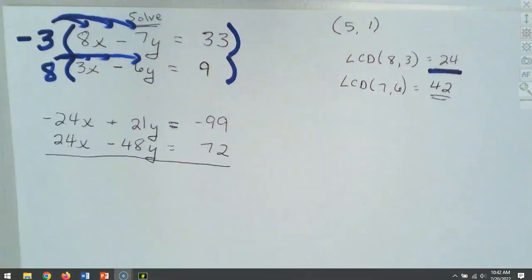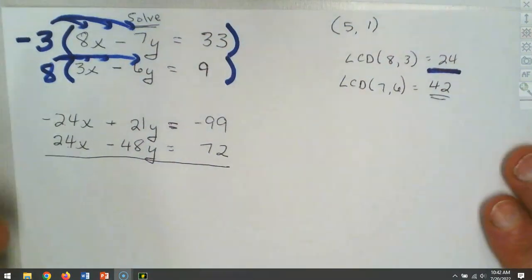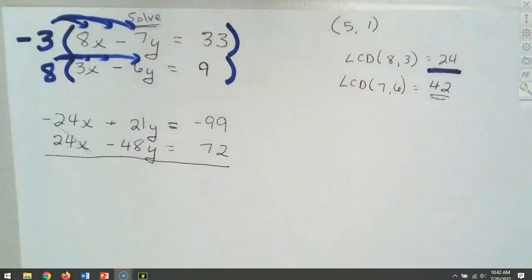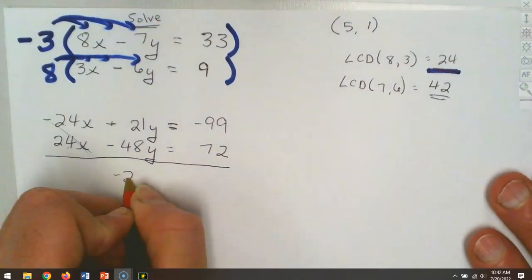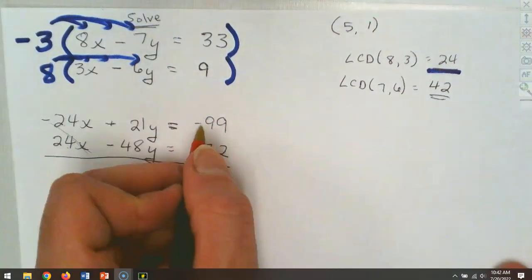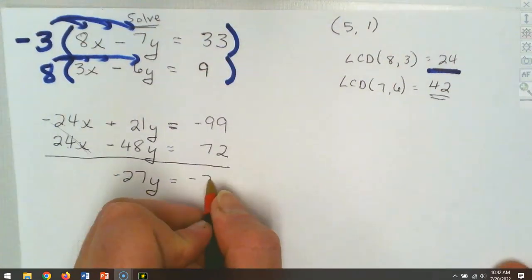Well, when I add these down, the x's go away, right? And so now I'm left with 21 minus 48, so that's a minus 27y. And I've got negative 99 plus 72, and that gives you, 99 is larger and negative, so that's a minus 27.